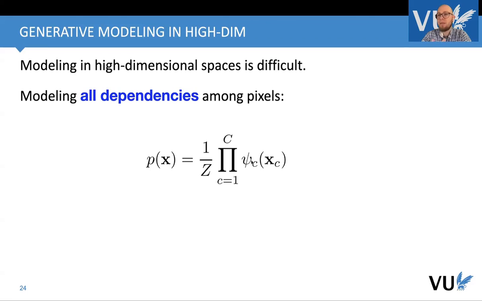Somehow this psi is some kind of pattern that is applied to the whole image, or some group of pixels. And this product could be enormous, even infinite. This Z is here for normalizing, to have a distribution over pixels or images.